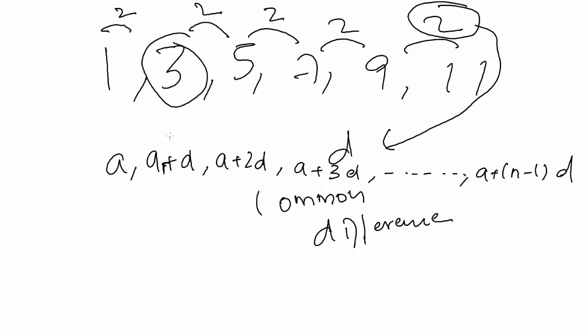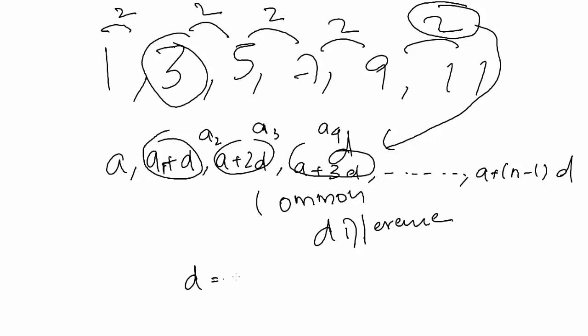So if you consider this as a2, this as a3, this as a4, then you can write d is equal to a2 minus a1 is equal to a3 minus a2 is equal to a4 minus a3, and so on.